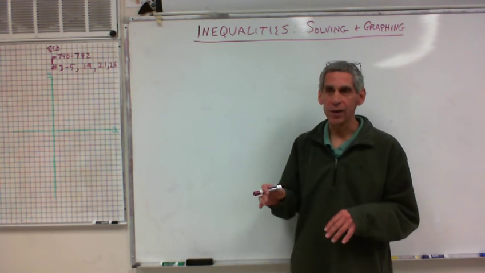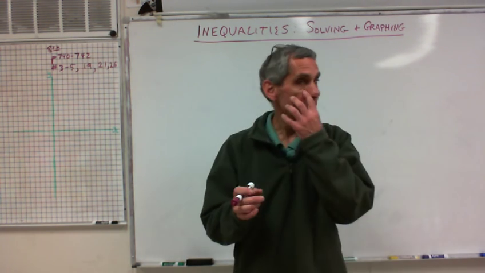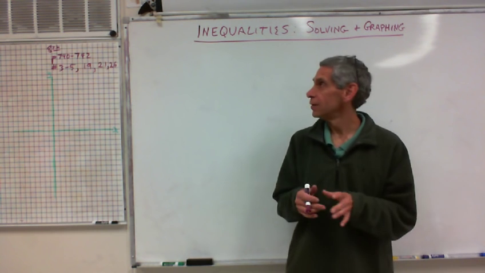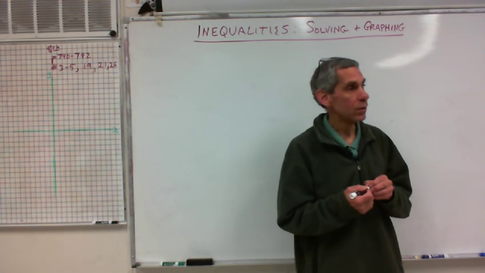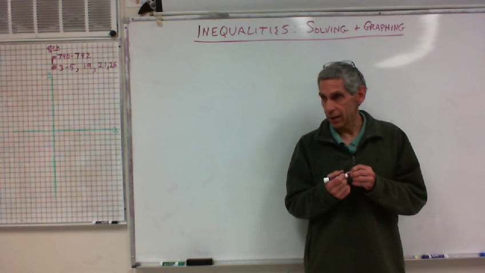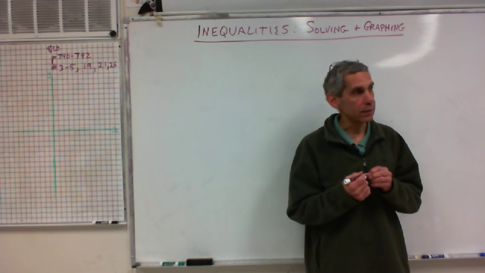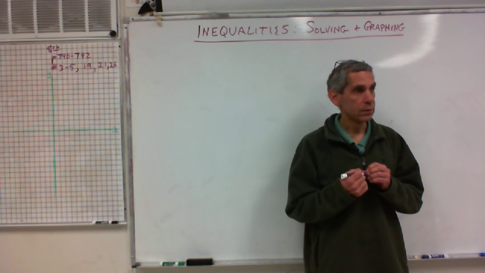X changes, depending on what equation I give you, and you solve for X, and X is one answer. Very simple, right? However, there are many times in math and in life when it's not X equals one thing, but X could equal lots of things, right?